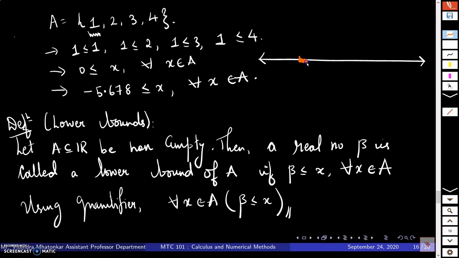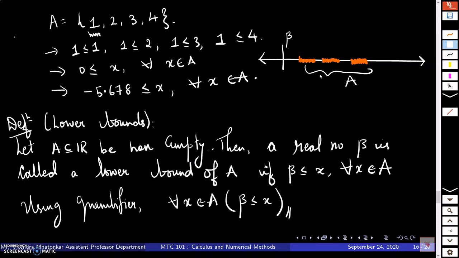Supposing these are my points which I'm marking in red, supposing these are my points in the set A. So a number beta which is less than or equal to all the members of A is called a lower bound of A. Geometrically, a lower bound should be on the left of each and every element of the set A. Then only it will be less than or equal to each and every element of the set A. I hope that's clear.